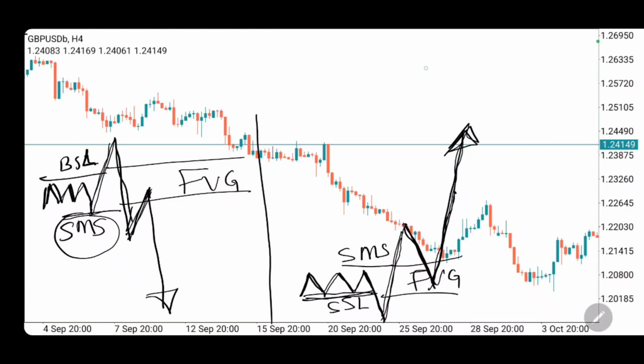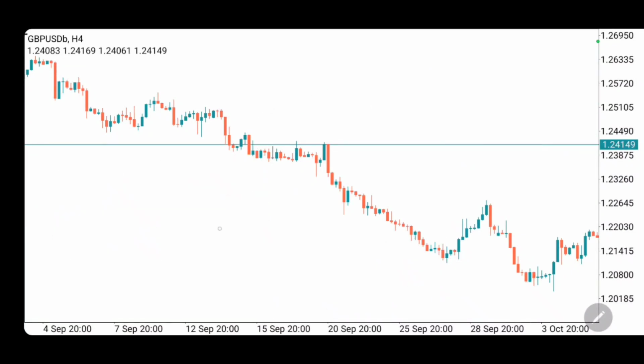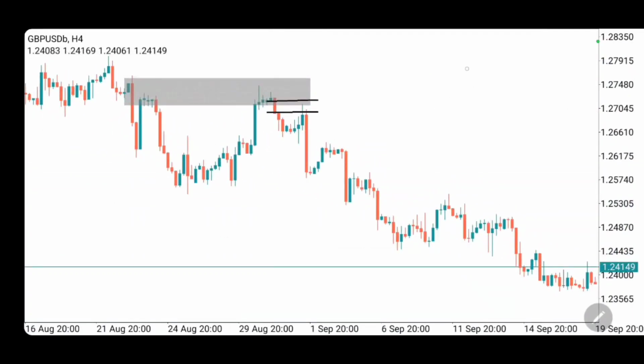So I want to show you how this works on the chart. Now you can see in this case the first scenario I told you about. This is a supply zone, and the market comes into the supply zone, broke structure to the downside, and now we trade the FVG, the return to FVG.